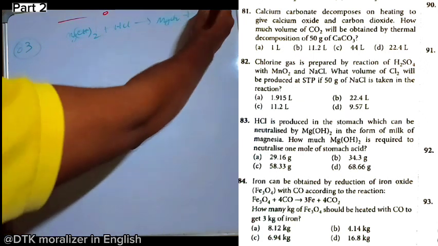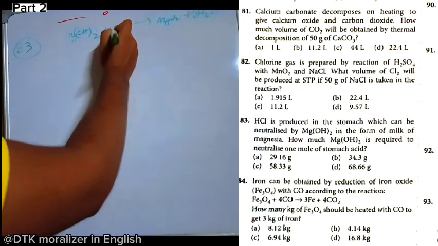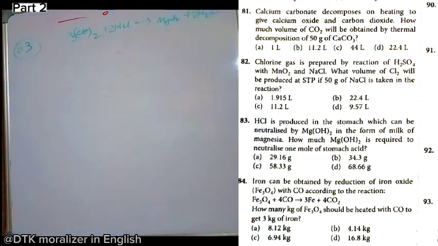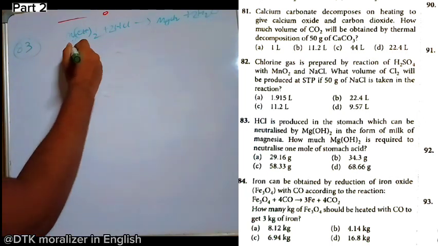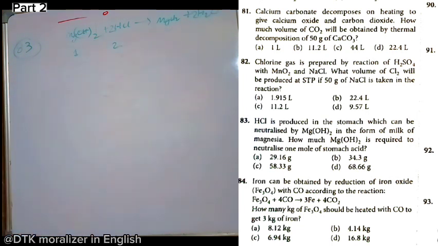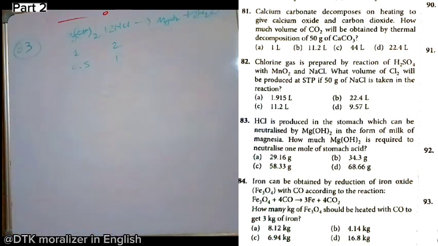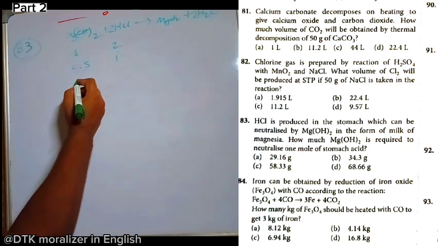Here magnesium hydroxide reacts with HCl to give magnesium chloride plus water. Here magnesium hydroxide required is 1 mole and HCl reacted is 2 moles.